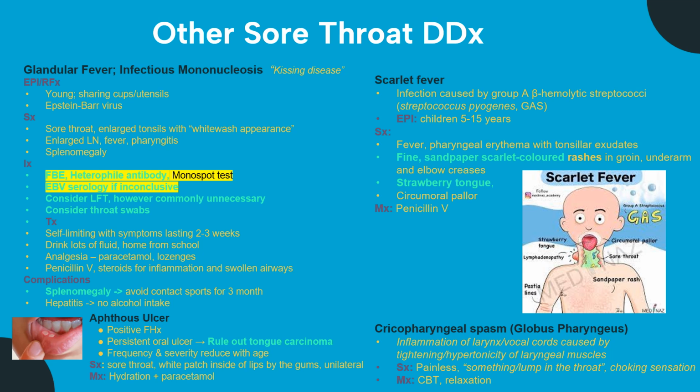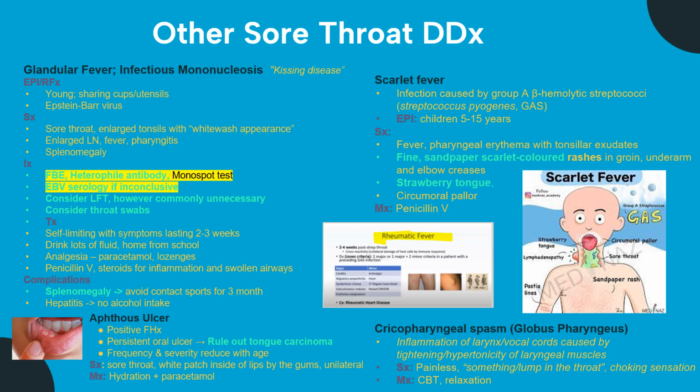You can also get a rash, often described as a fine sandpaper rash, and it commonly occurs in your groin, underarm, and elbow creases. You can also have that strawberry tongue that's commonly mentioned. Another symptom that's not uncommon is circumoral pallor, the paleness around the mouth. Your management for scarlet fever or group A strep is phenoxymethylpenicillin.